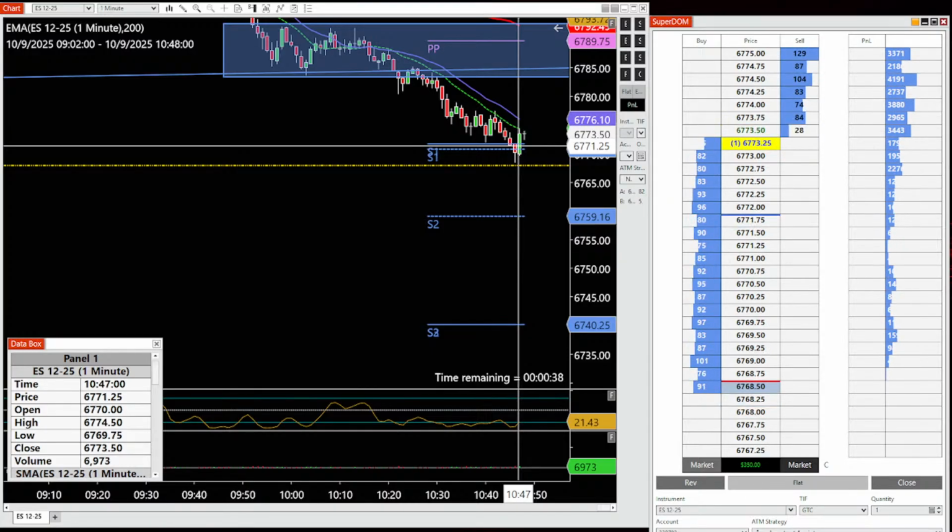Six-point bounce. Six-point bounce back over S1.